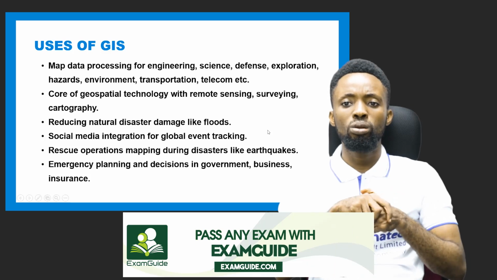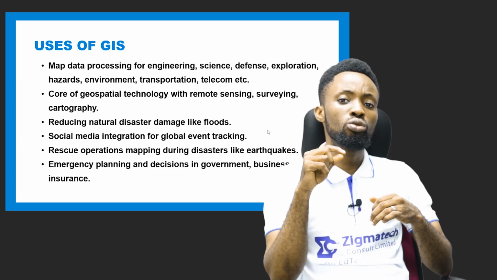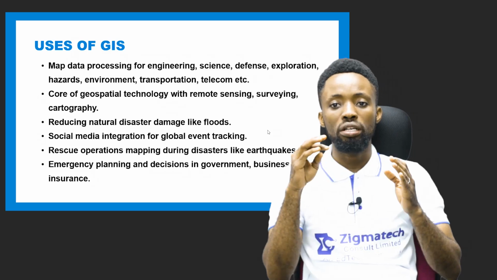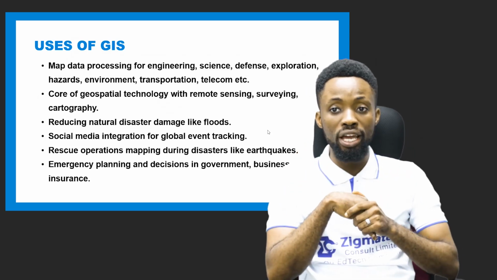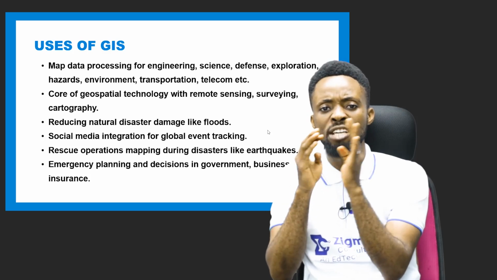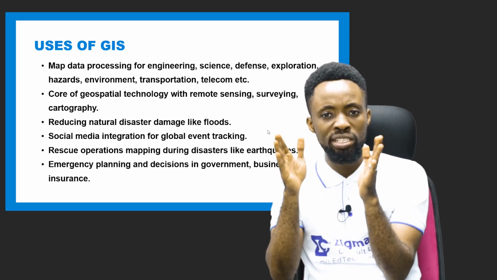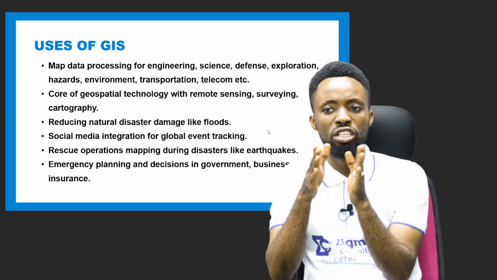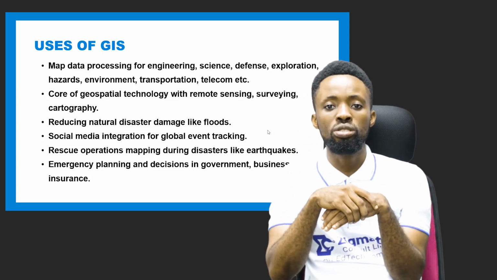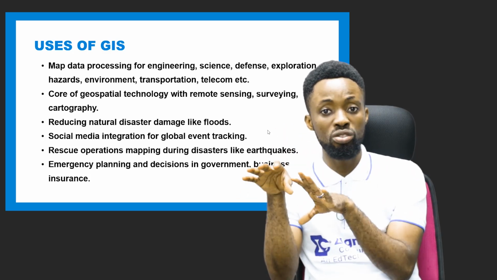Now let's look at the uses of GIS. What do we use GIS for? Now we start with the first use of GIS. In the aspect of engineering, data exploration, hazard management, environmental management, transportation, telecom, and science and defense, we use map data to process for these sectors.